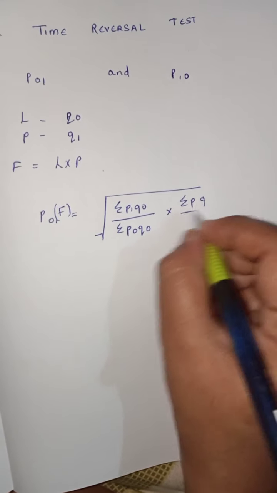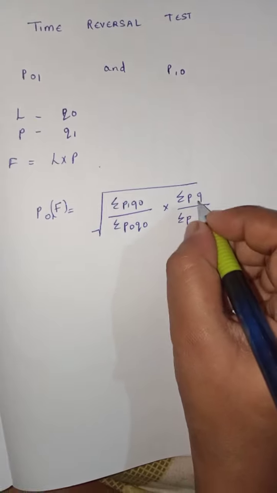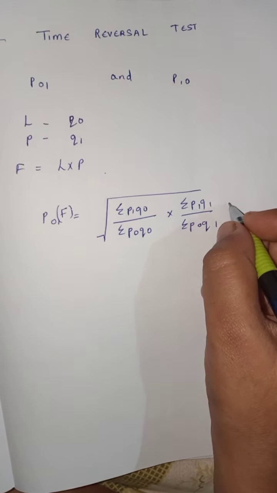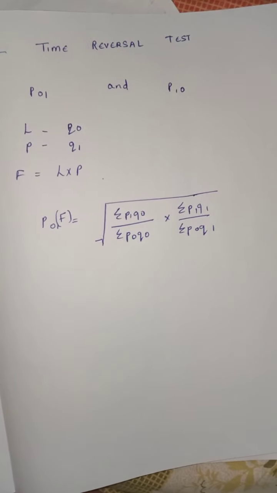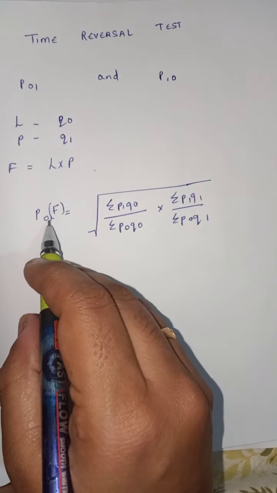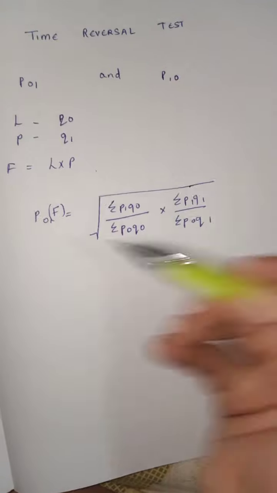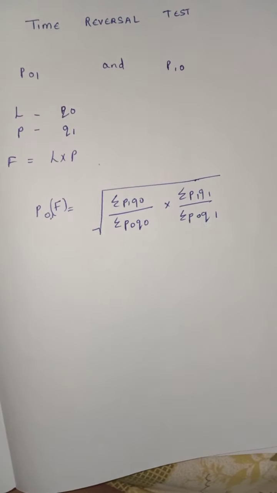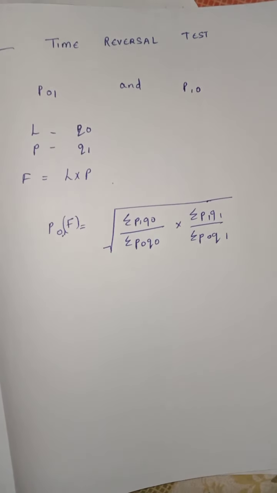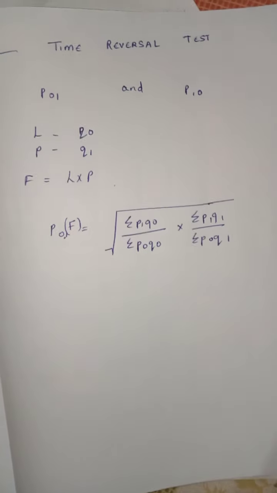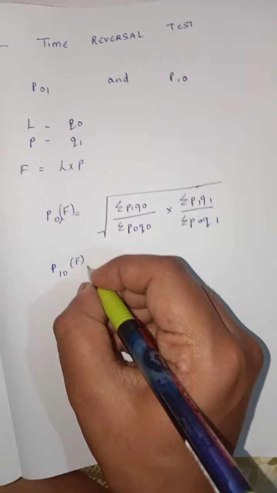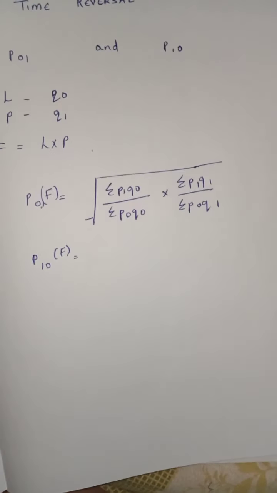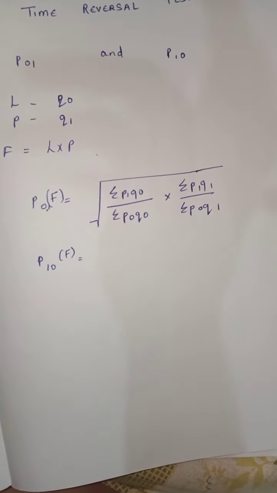Let's write down past year. Here 01 means we are comparing base year with respect to the current year. Now we are going to take the reversal, that is P10 of Fisher's. So here basically we are just going to reverse the concept.